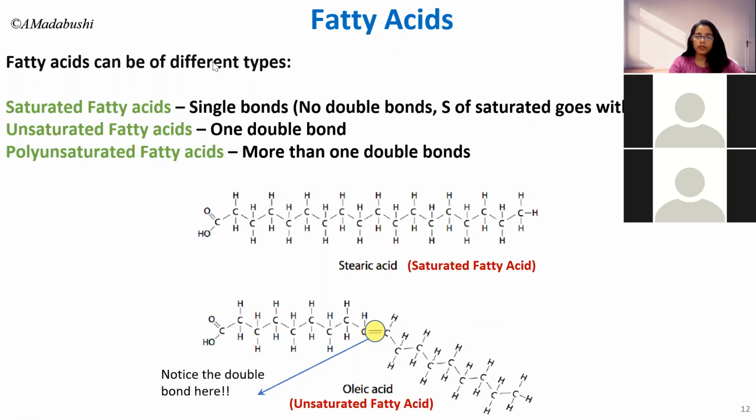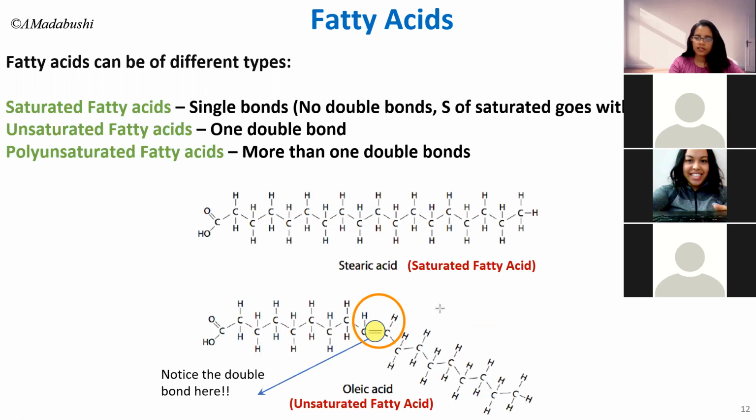Now you guys are really smart, so you are going to help me tell whether this is cis or trans. When the H is on the same side, it is called cis. Cis, perfect. So this is a cis fatty acid. And what happens is when there is a bond like this, the H gets imbalanced.